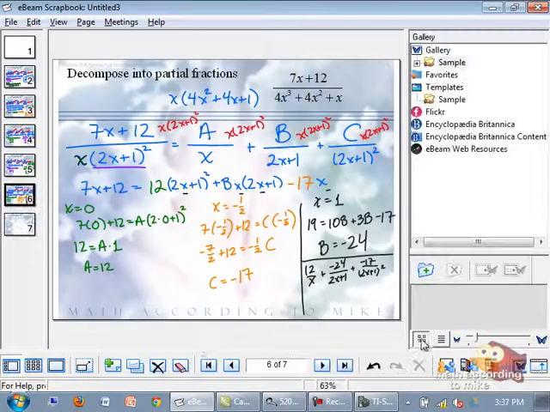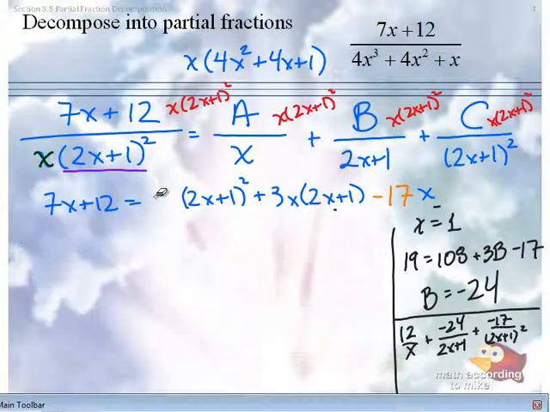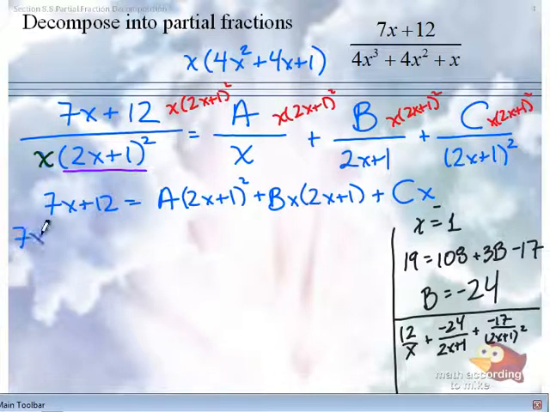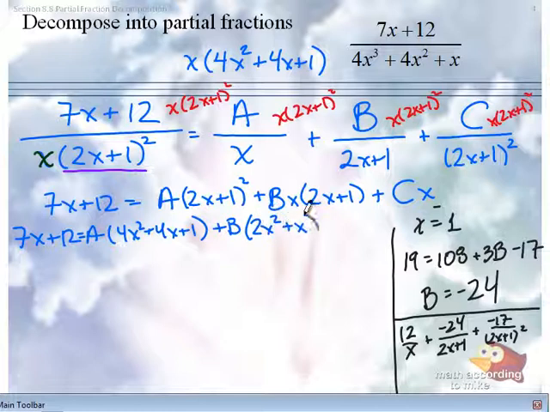Okay, let me duplicate this real quick, and I'll show you what the system would look like. If you want to go the system route, you will get to, because it's a privilege, FOIL out that 2x plus 1 to be 4x squared plus 4x plus 1. You can distribute an x through here if you want. And the Cx just tails along.